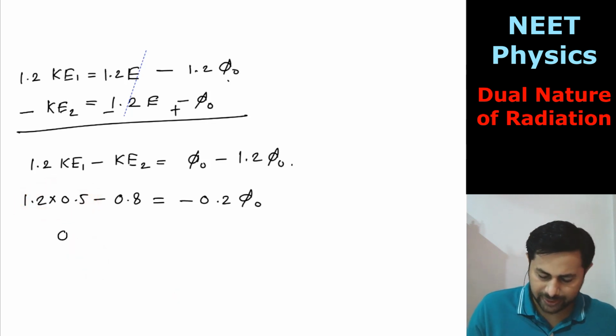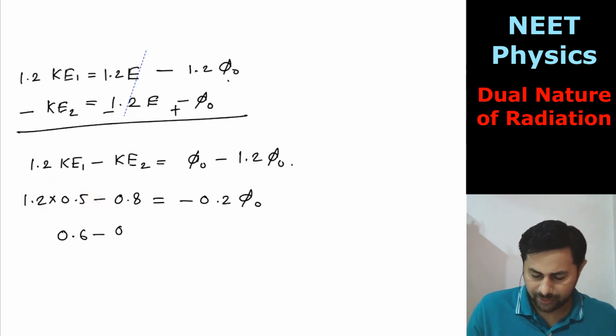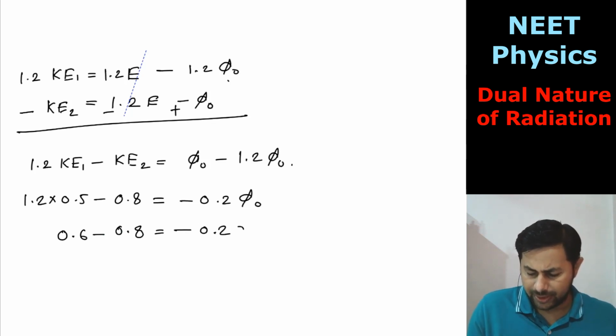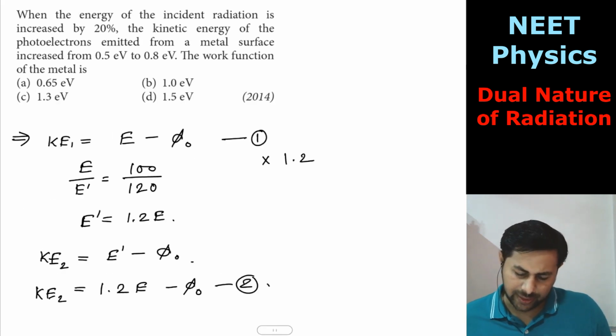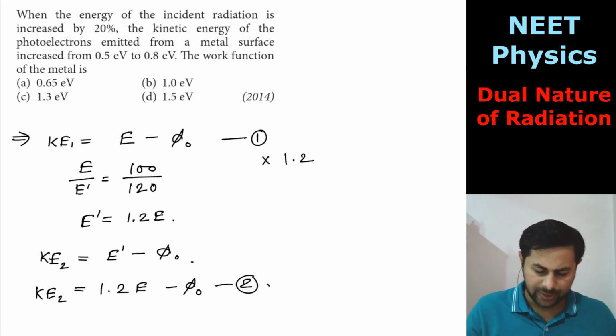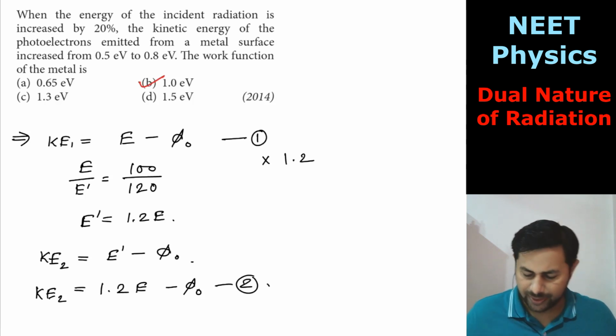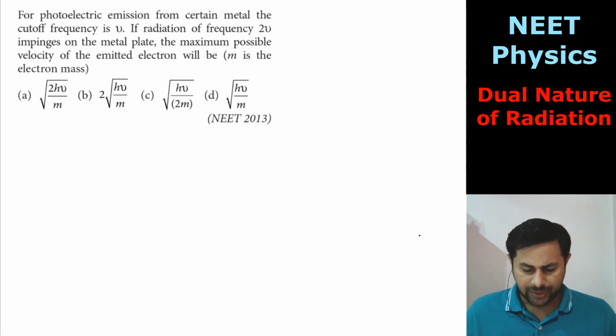This is 0.6 minus 0.8, which is minus 0.2, times phi naught, and this is minus 0.2. If you divide that with this thing, you will get phi naught equals 1. So I think that should be the answer. Is this correct? Yes, no? Okay, see the next one.